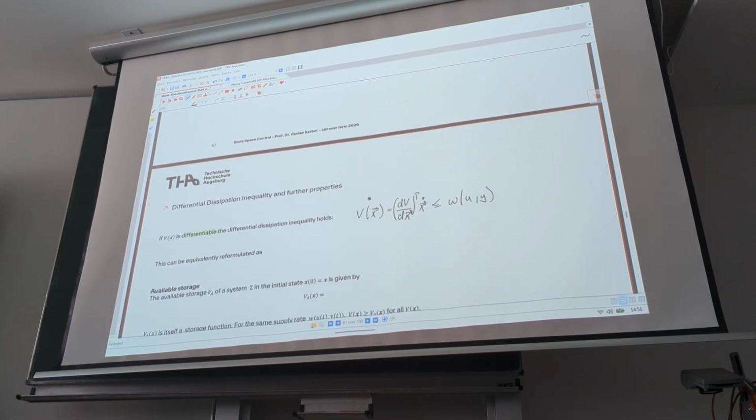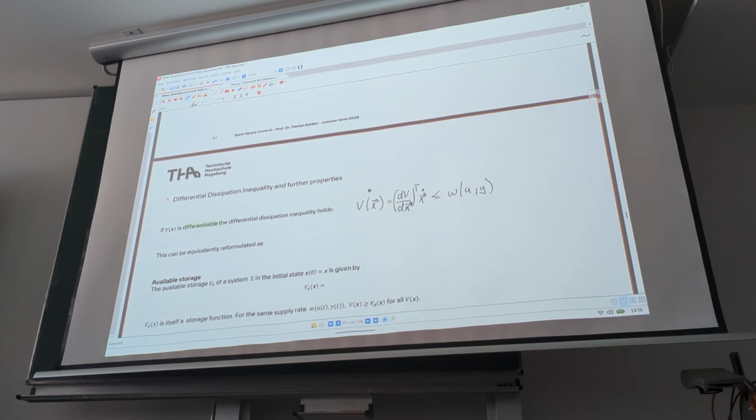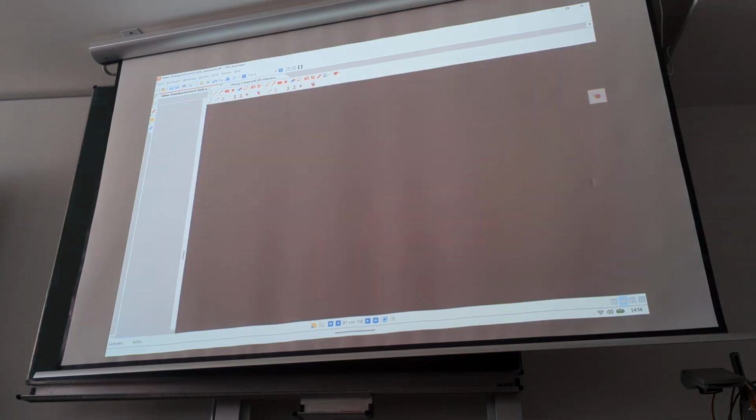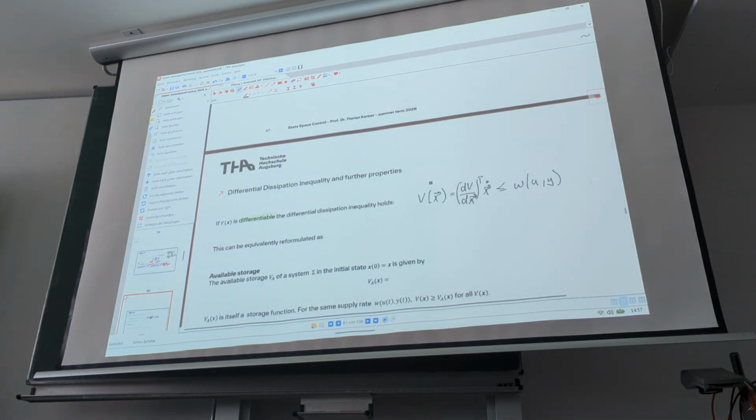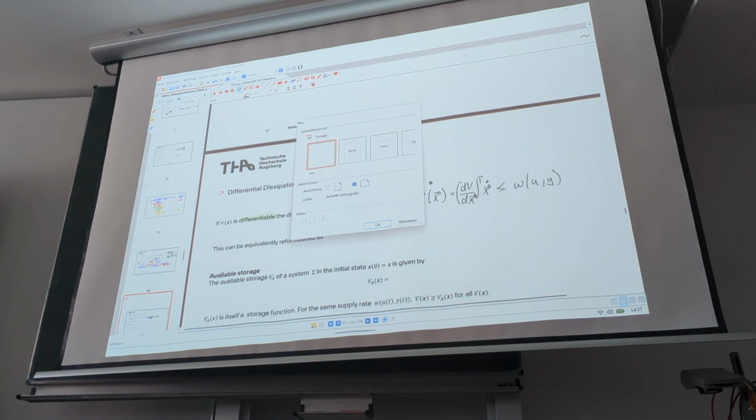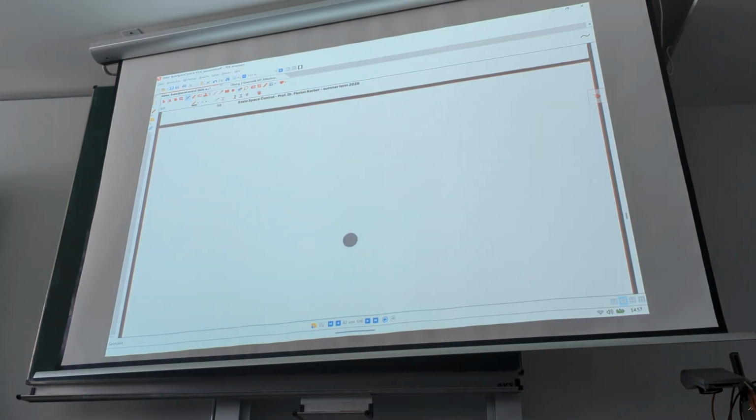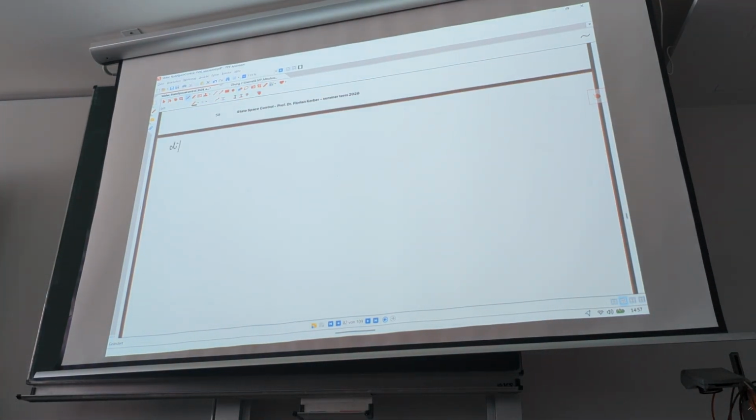Now, this can be recast equivalently into, basically, a set of equalities. Basically, if I look at this, that's one slide. So, the differential dissipation inequality.